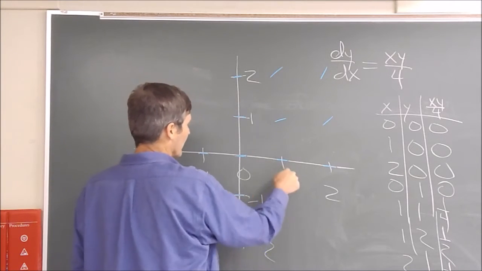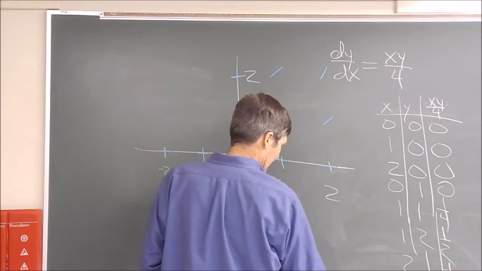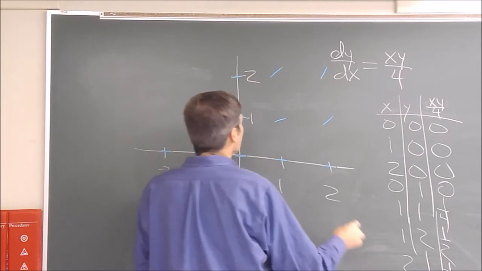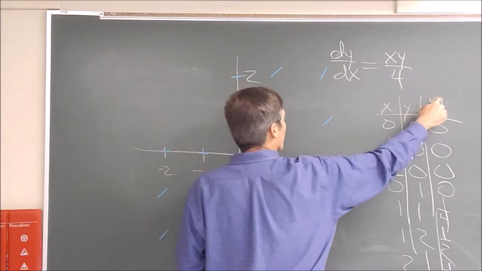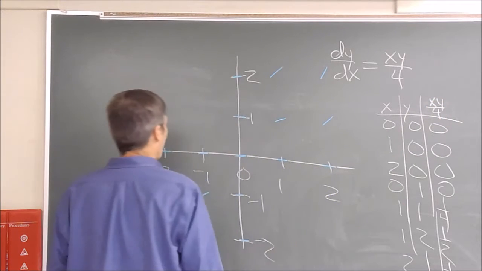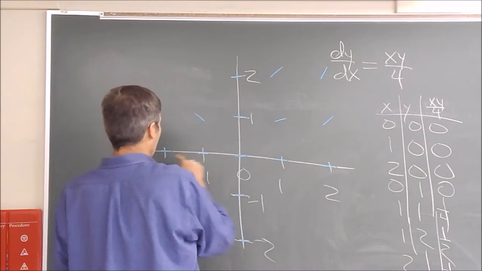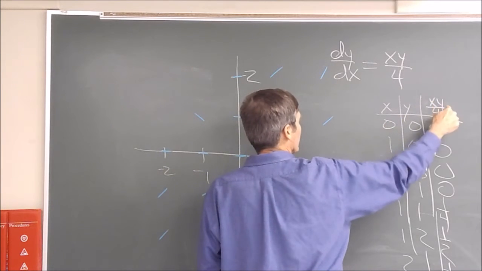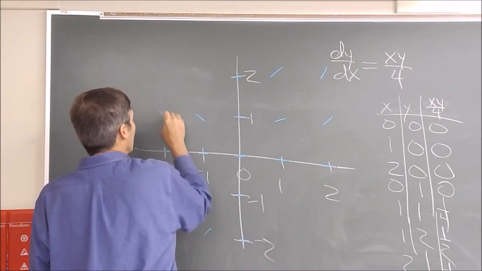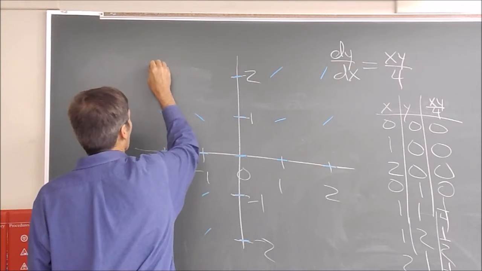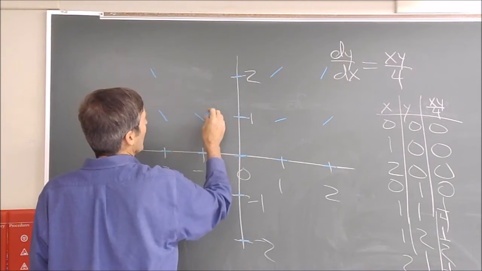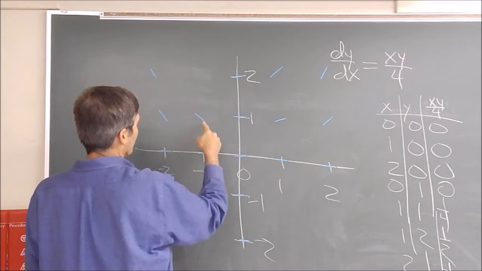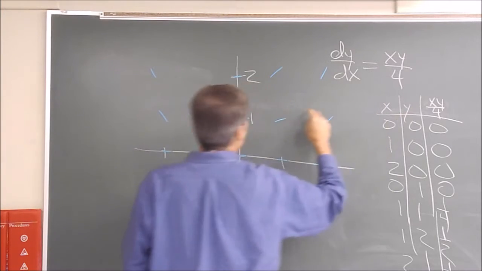Let's try the point 1, -1. At 1, -1, I get -1/4. At -2, 1, I get -2 times 1 over 4, which is -1/2. So now it looks more like this. Let's see, at -1, 2, I get -1/2.